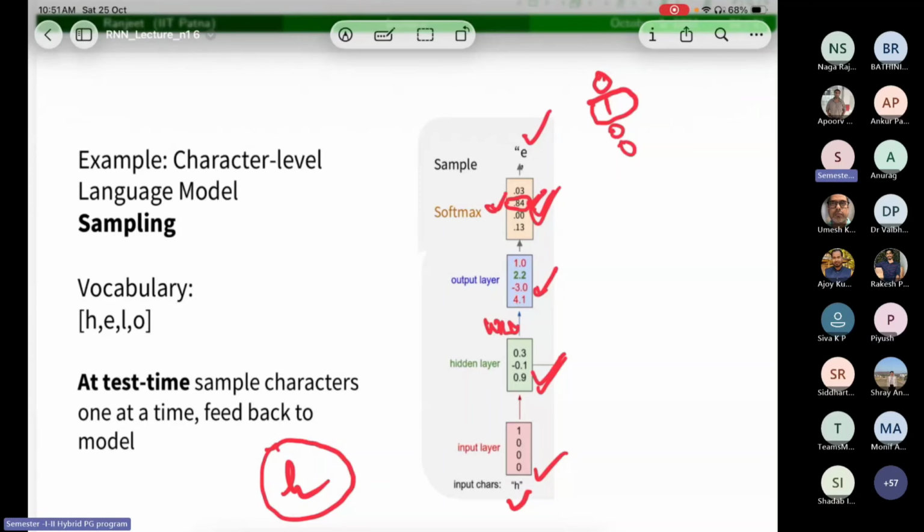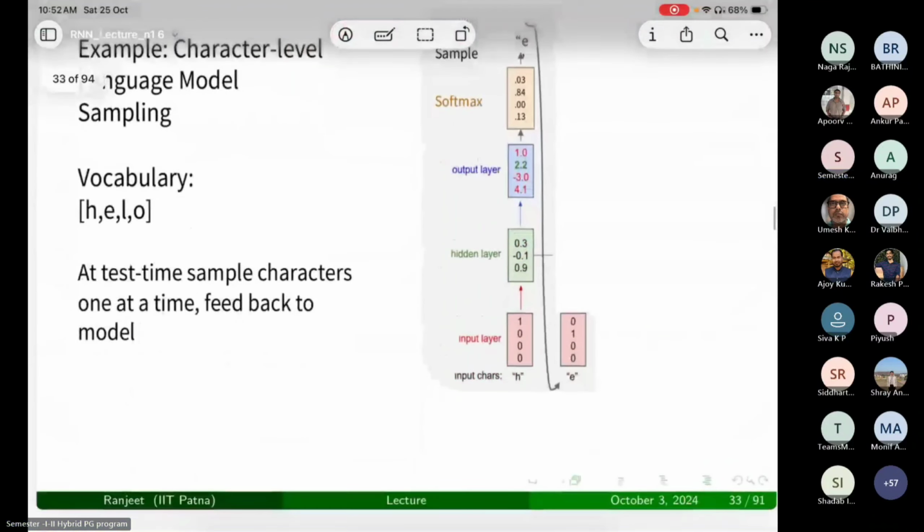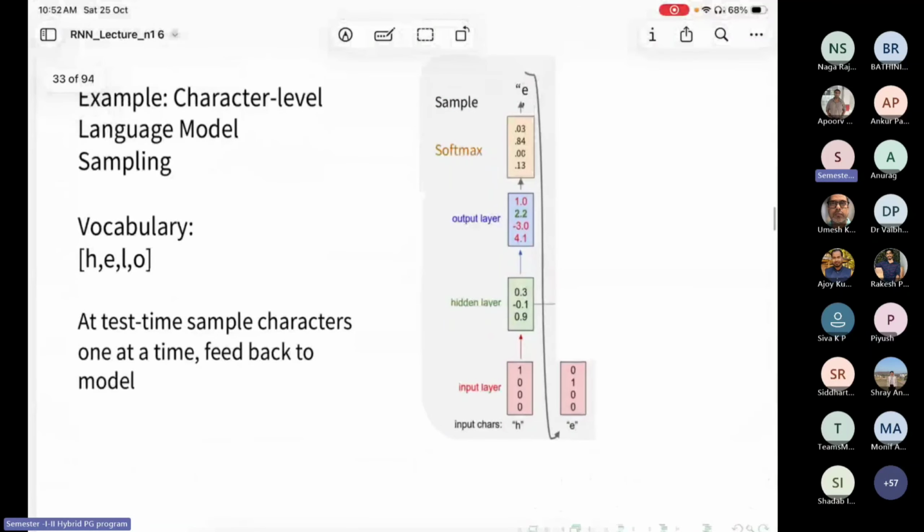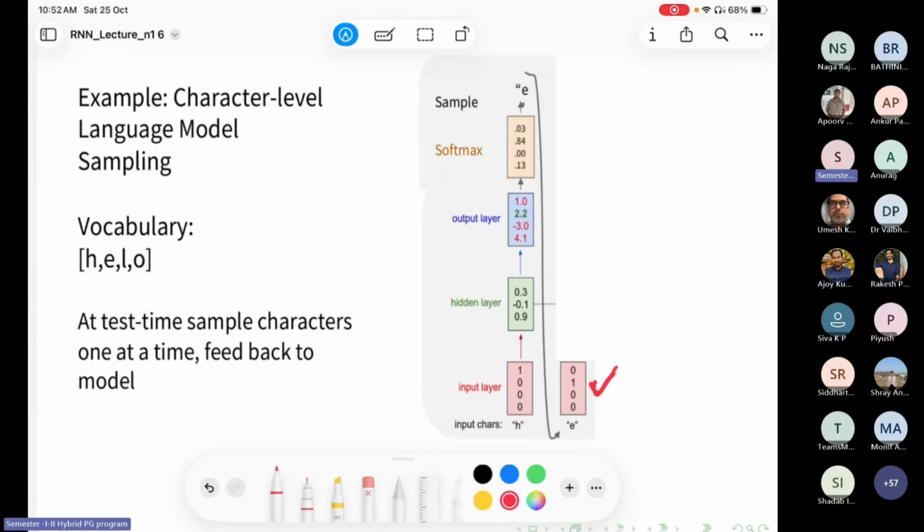The idea is very, very simple, because every time your input is predicting the next character, the next character would be the input for the next state. So you got E here. Now E will be taken as the next input. So take E from here, and you take the one hot representation of the E, that is 0, 1, 0, 0. And now with the help of E, you should predict the next character again.